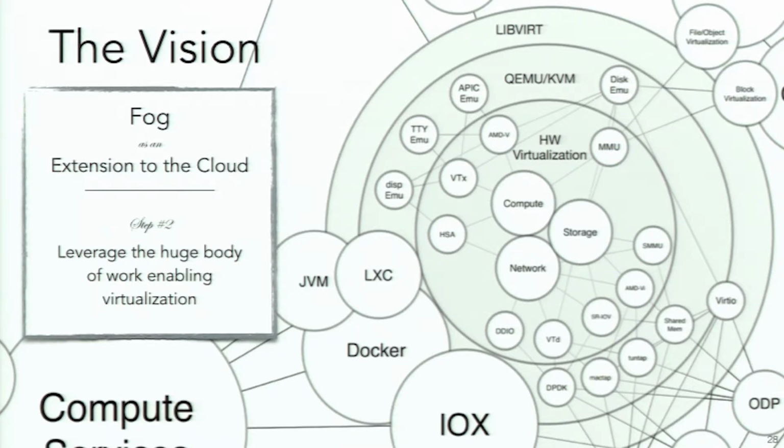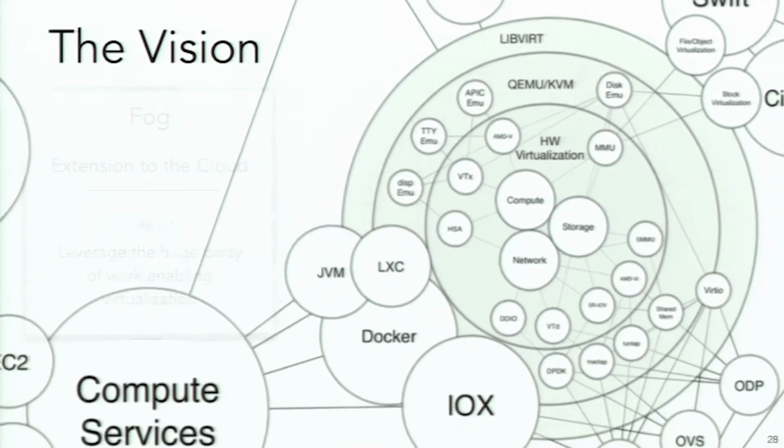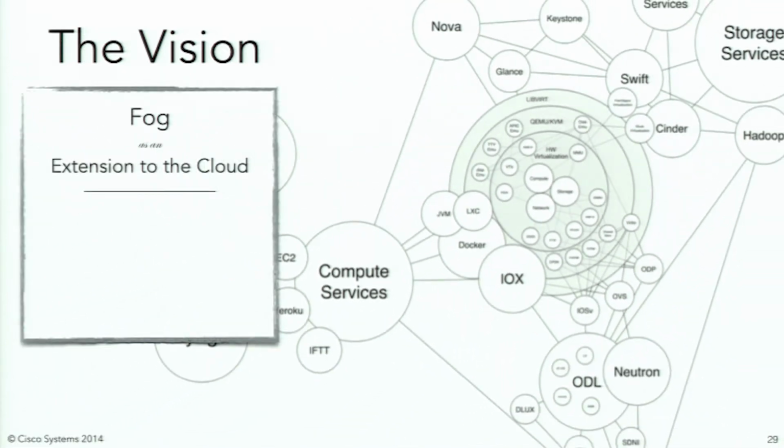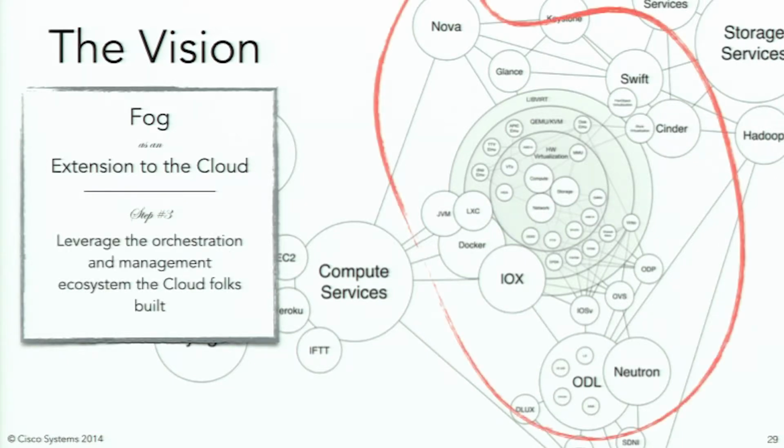Once that's there, whole industries have sprung up around orchestrating it. It's not enough to launch a VM. You have to hook it up to something, and then that something has to be a network that's hooked up to other things. And how do you measure and charge for those things? There's a really large ecosystem of software. Here I'm focusing on OpenStack because it's open, and I think it's a good candidate for what we're trying to do.